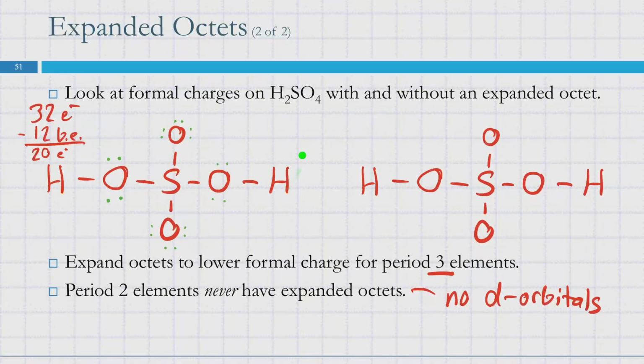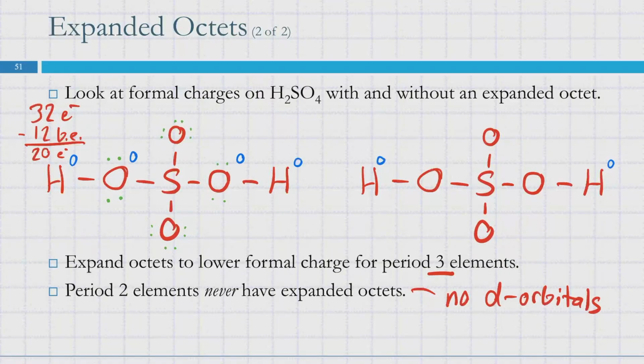This on the left is if we don't have expanded octets with sulfur. So what we're going to be looking at here is the formal charges. Our hydrogens have zeros. Our oxygens that are between the hydrogens and the sulfur have zeros.